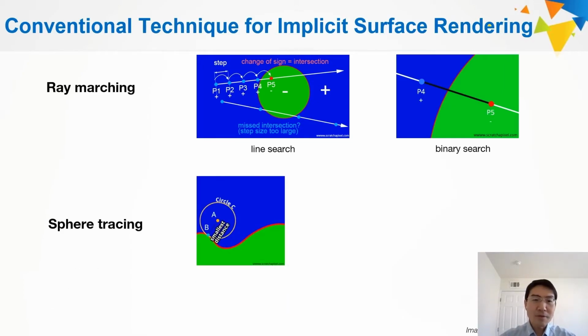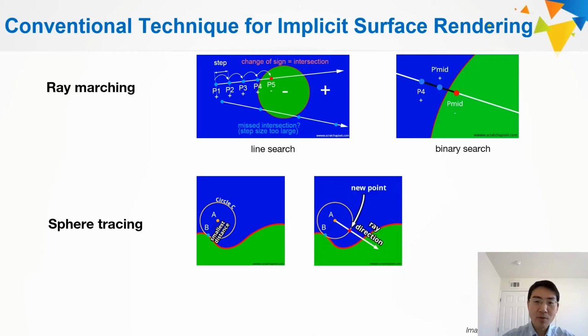Here is the sphere tracing method. What this method does is use a circle around the point A. What's the radius? The radius is set until the circle intersects with the surface. Now, along the ray direction, we move the point from A to the new point on the sphere.